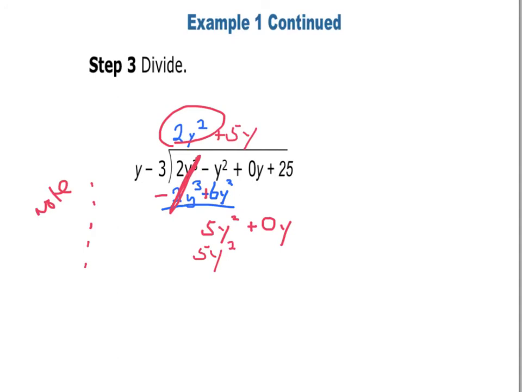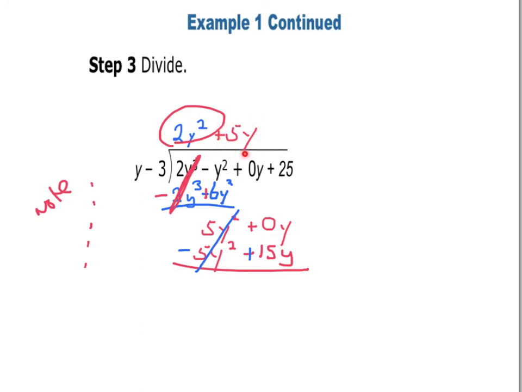And then I have 5y times a negative 3, and that's going to give me minus 15y. All right, again, we're going to change the signs and add. Now, does this subtract out like it's supposed to? Yes, it does. That means I came up with the right number up here.